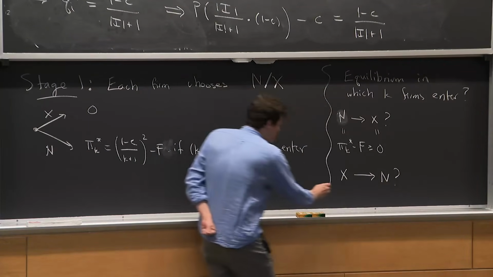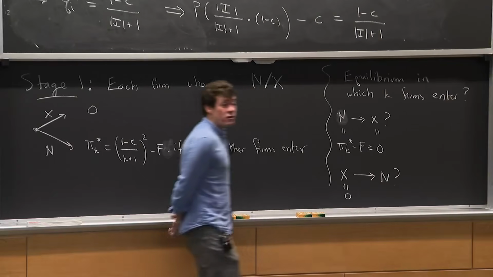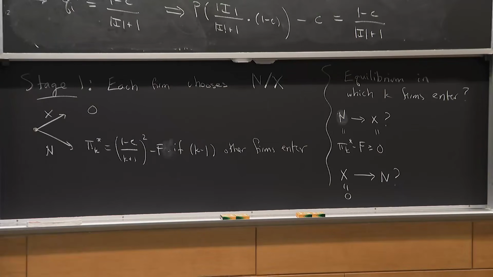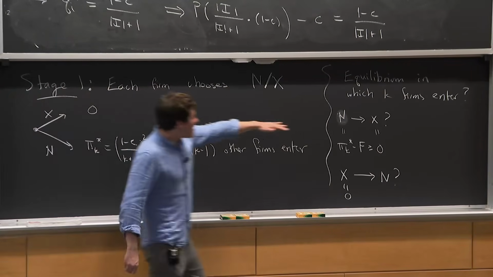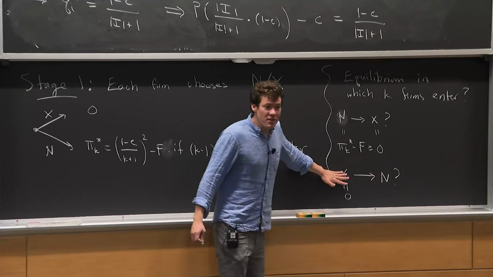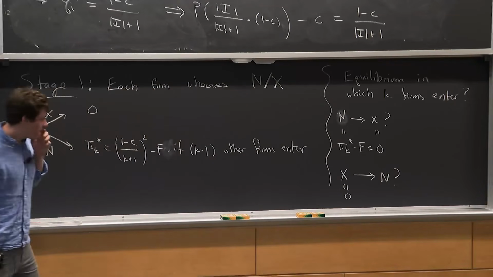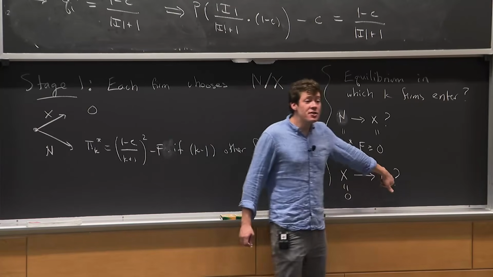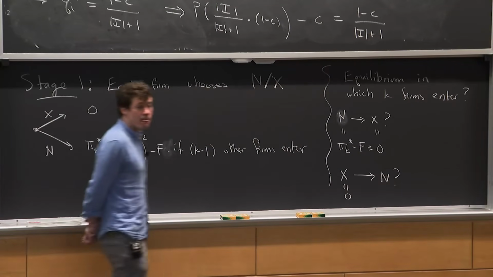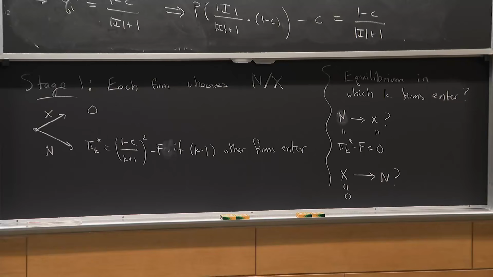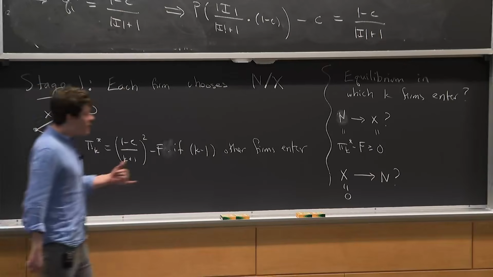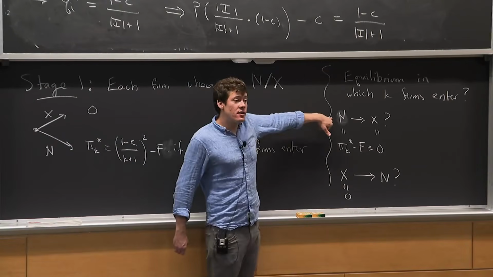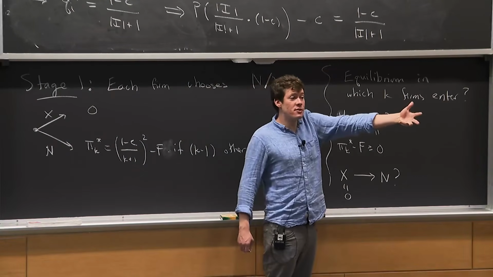So if they didn't enter, they're getting a payoff of 0, right? What if one of these firms, and hopefully what I'm saying verbally makes it clear what these arrows mean. You might want to take notes on this. So if I'm one of the firms that didn't enter, and I deviate now, and I enter, what is my payoff going to be? It's pi of k plus 1 star minus f. Exactly, and this is the key difference, right? If I'm one of the firms who's entered, there's only k minus 1 other firms who've entered.